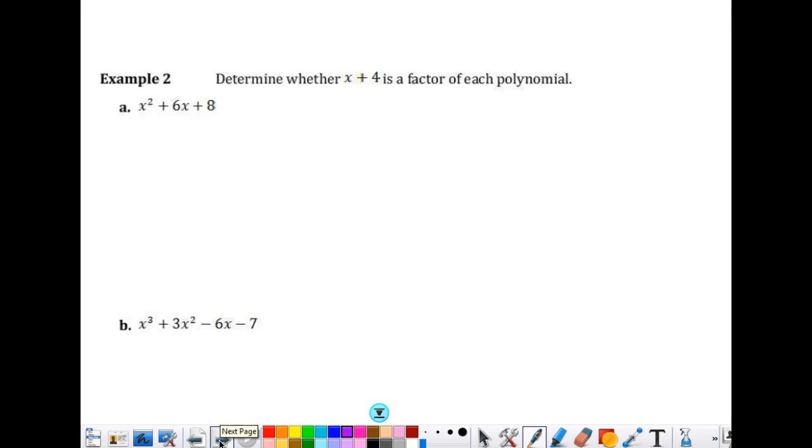Okay. So they say determine whether x plus 4 is a factor. It's a factor if you don't have a remainder, if it divides evenly.